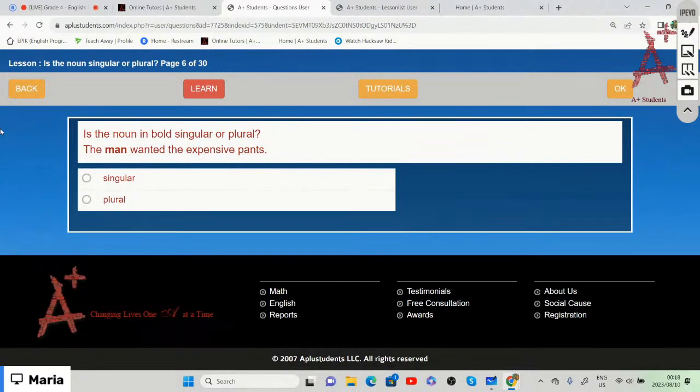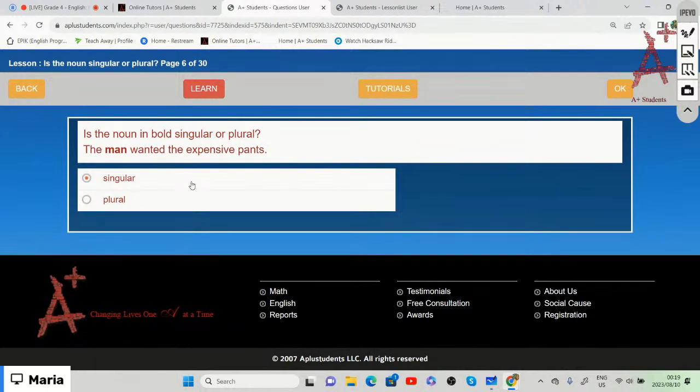Let's do one more. The man wanted the expensive pants. So is man singular, or is man plural? Man is singular, right?